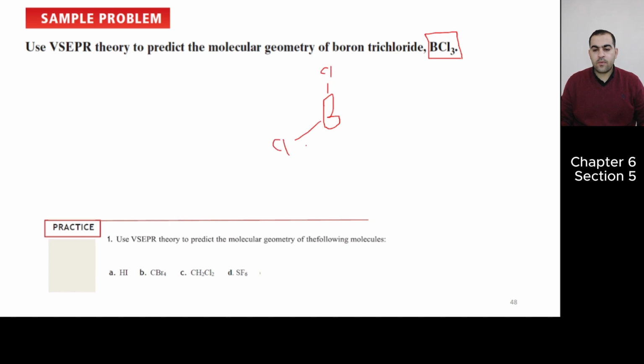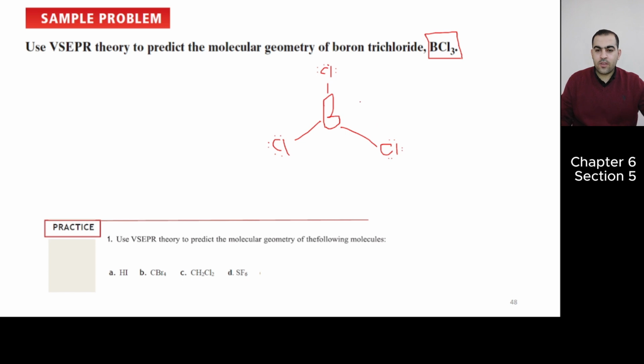Chlorine, because boron has 3 valence electrons. We talked about that it shares 3 electrons with 3 chlorines. We should not forget the lone pairs, because if we don't write lone pairs, it means it's a structural formula, not a Lewis structure.